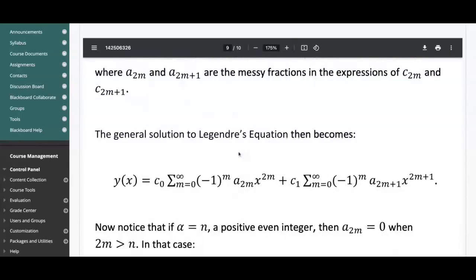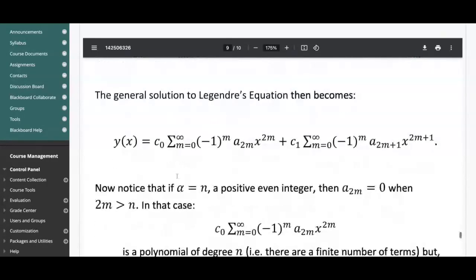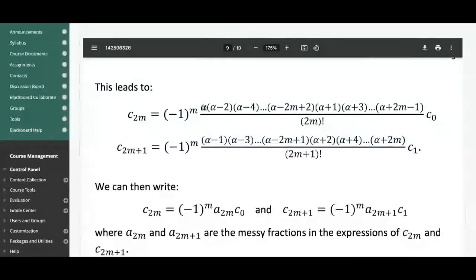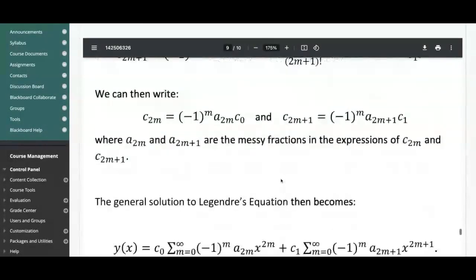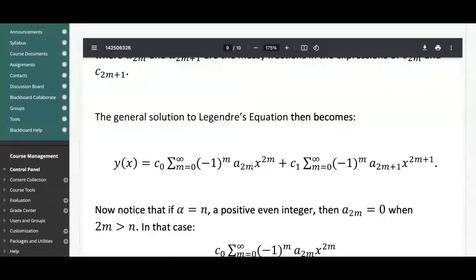So the general solution to Legendre's equation is as such. C naught times a_2m is the scalar, this scalar, times x raised to 2m, an alternating series, -1 raised to m.